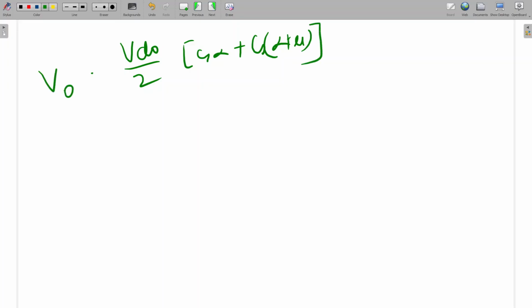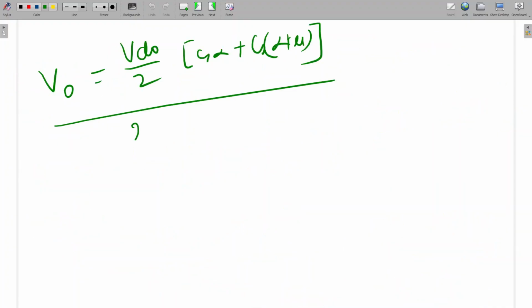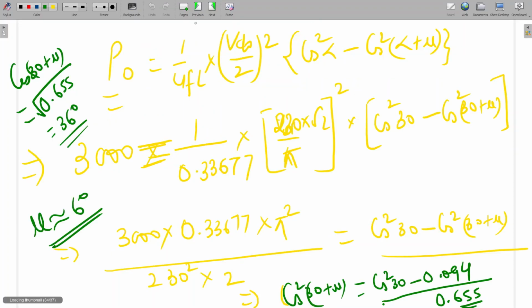So first we calculate the mu value. That will be 230 into root 2 by pi, into (cos 30 plus cos 36). Alpha was 30 only?